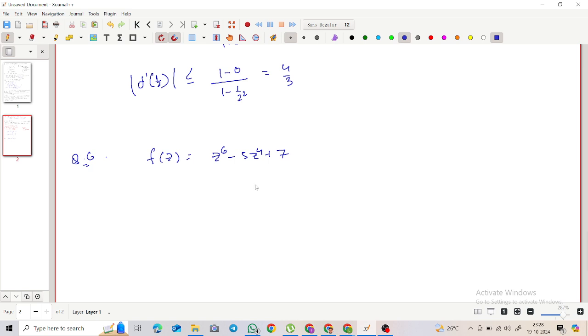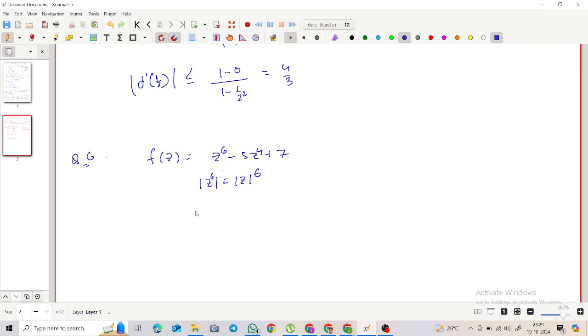If f has a zero with mod z minus 1, right? So what can we do? Rouché's theorem. Pronounce it as Rouché's theorem, not Ruch's theorem. Okay, how to approach it? It is mod z whole to the power 6, right?